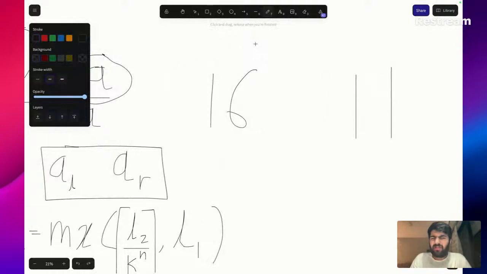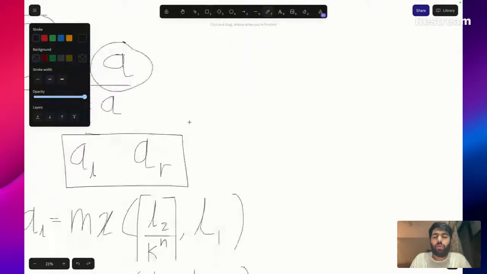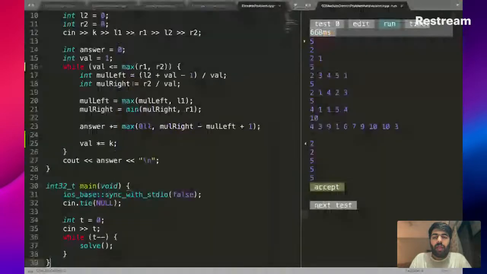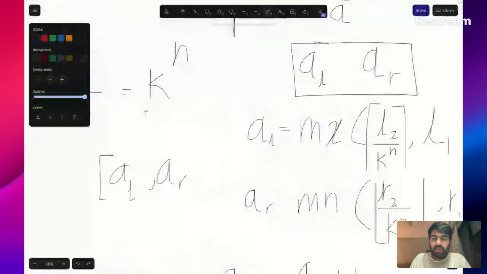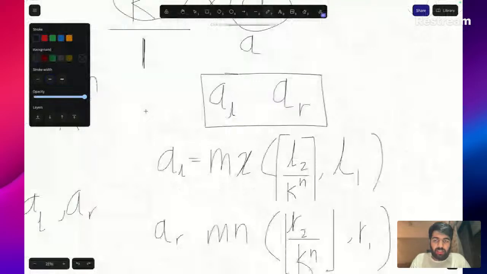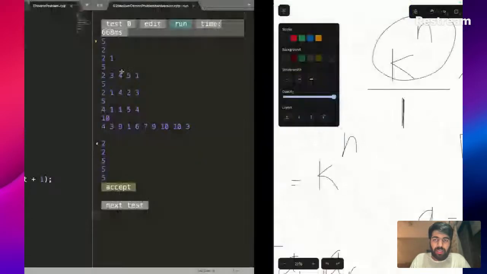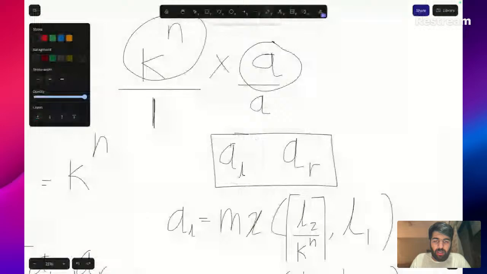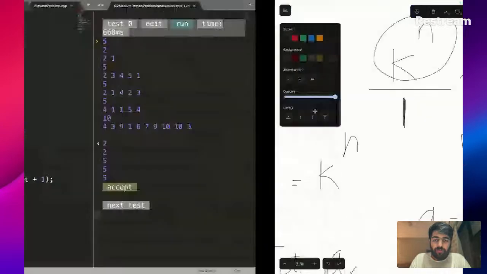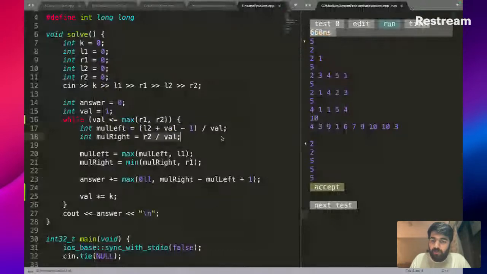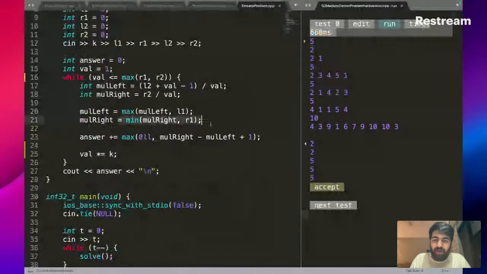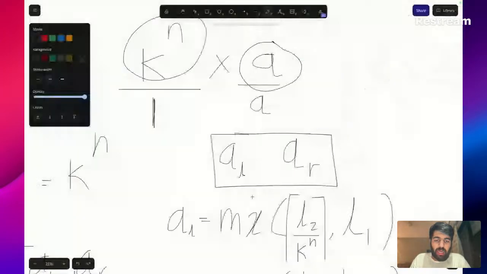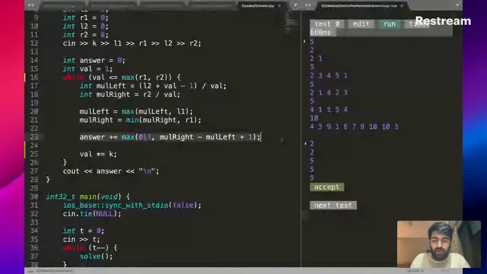So that's it. That's what you had to do. Now if we see, we have our val as one, which is this k raised to n value, and I have initialized my answer to 0. Mul left, mul right. This is what I'm doing with a ceil, so I'm calculating this part, taking a ceil, taking a floor, and then max of L1, min of R1, and we just add that to our answer.